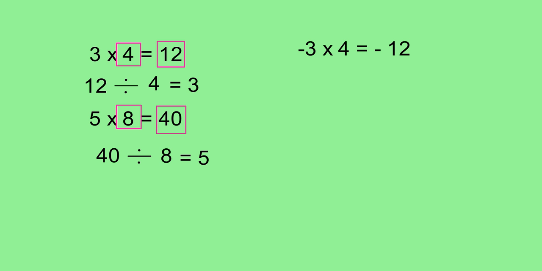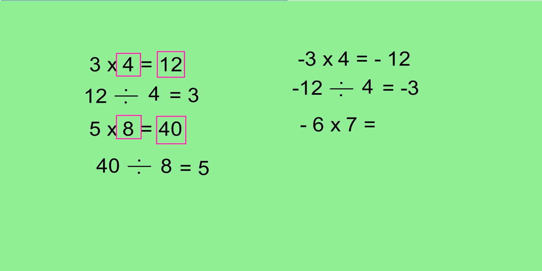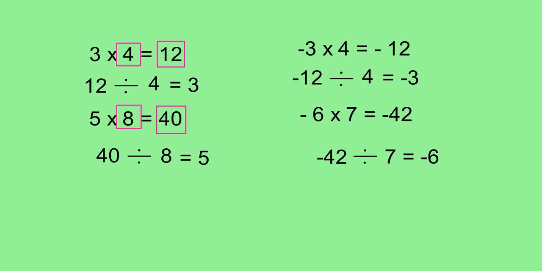You can write negative 12 divided by 4 is equal to negative 3. What is negative 6 into 7? Yes, you are getting negative 42. Then what is negative 42 divided by 7? You will get negative 6.